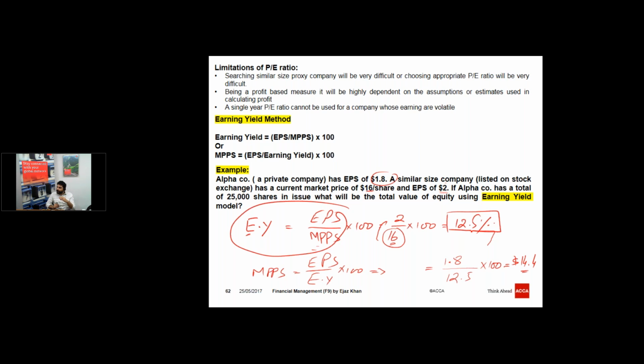Do you really think they will ask for the same return from an unlisted company where they find higher risk? No, they won't ask for the same return, because if they invest their money into a non-listed company, they'll see more risk and they will ask for a higher return than 12.5%. Say they will ask 25%, that is double the earning yield of the listed company.